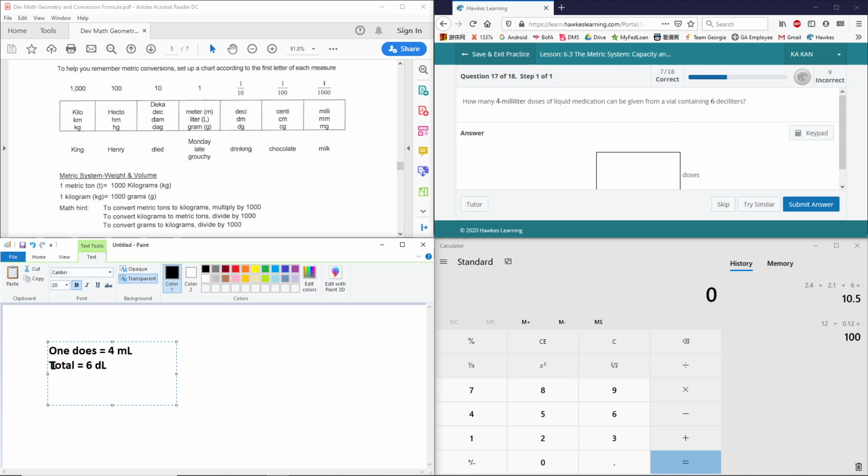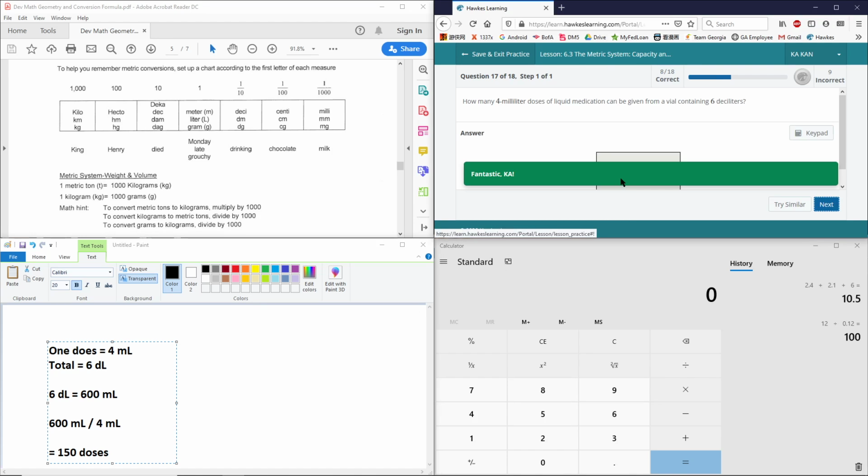Deci going to milli is 1, 2 times to the right. So you're going to move 2 places to the right, which is 600 milliliter, right? Then you have to divide 600, that's the total we have, by 4 milliliter, because that's every single dose. You try to say how many doses can you make, and that would equal, I'm just trying to do this in my head, 150. So that's 150 doses. There you go.